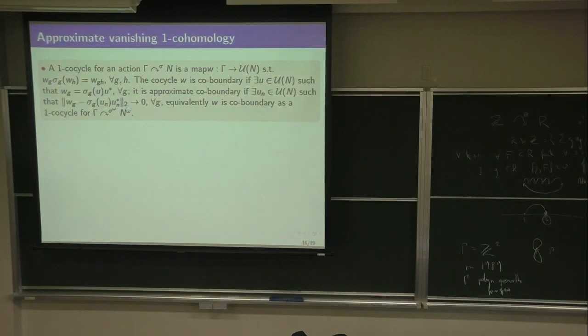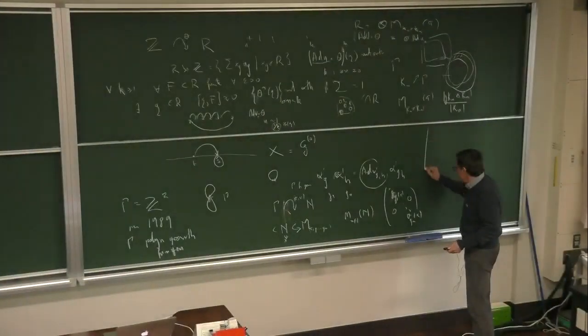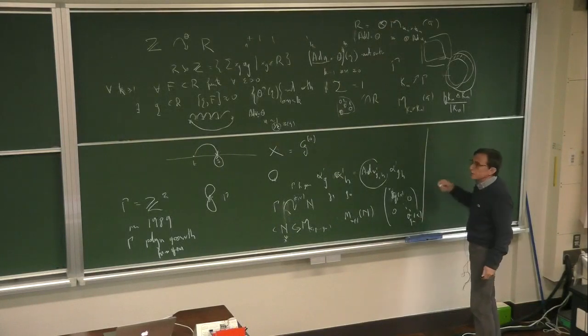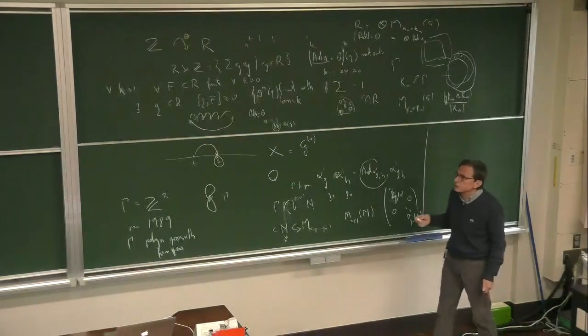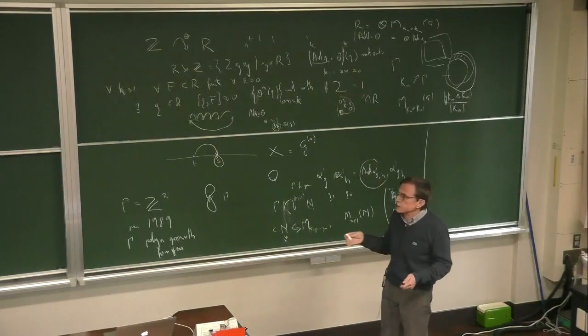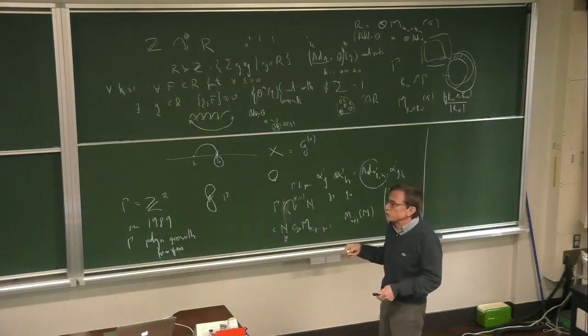Now, that's a moment where we should say what the ultra power, the ultra product, is. It's something we did not really define when I gave the list of constructions of factors.